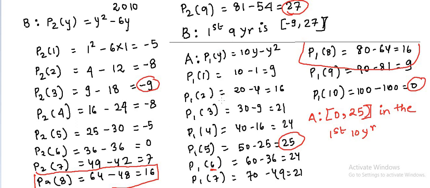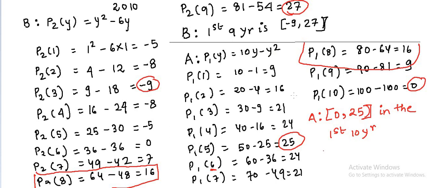This is the trajectory of company A. You are finding that in 10 years, it made positive values, but in the 10th year it was equal to 0. We need to check after this 10th year, whether P1Y will be negative or positive.